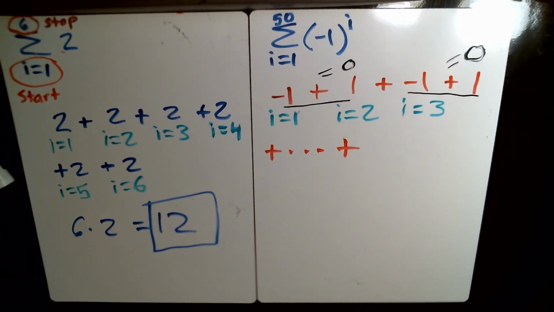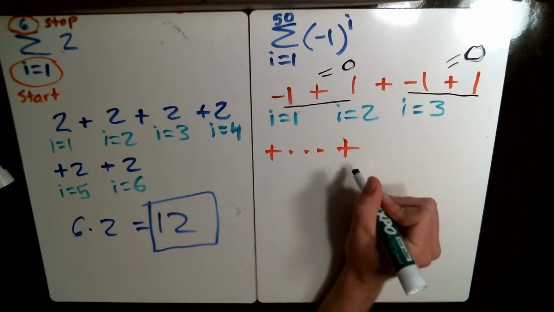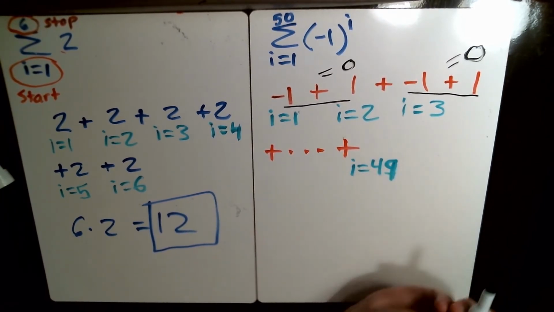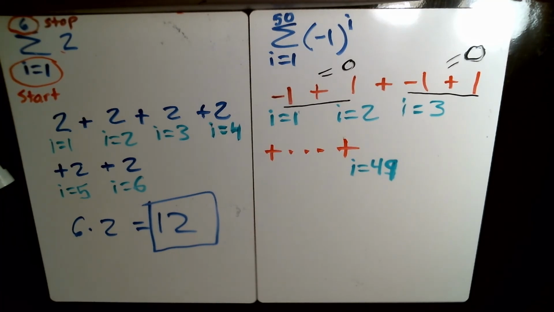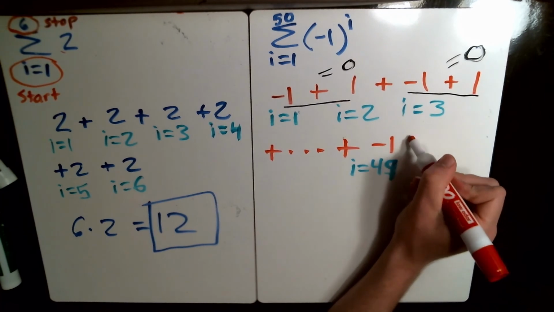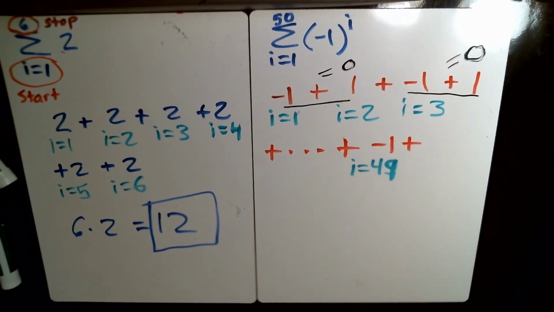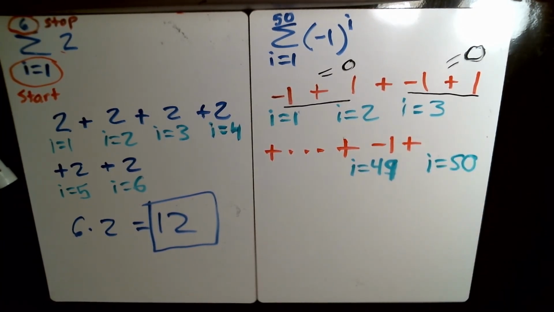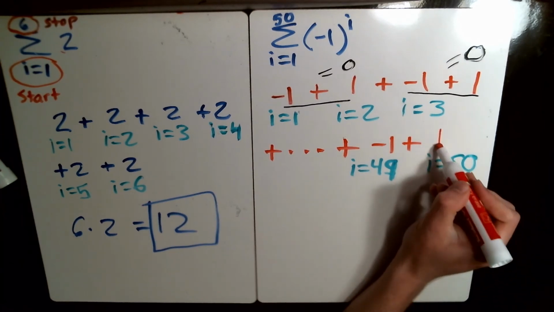We'll maybe do the last couple terms. When I do I equals 49, what do I get? That's an odd number, so that's going to be my -1. And then when I equals 50, which is my stopping point, we're going to be at +1 again.